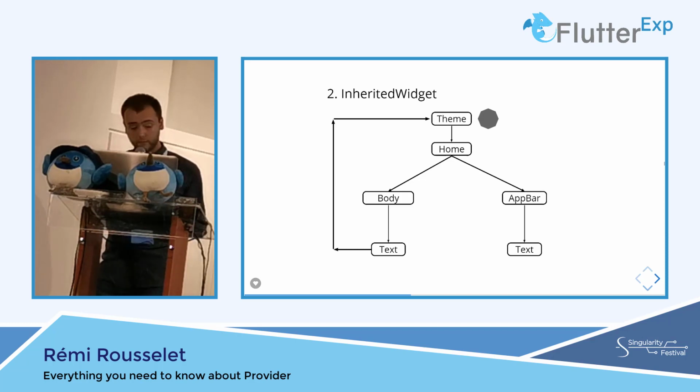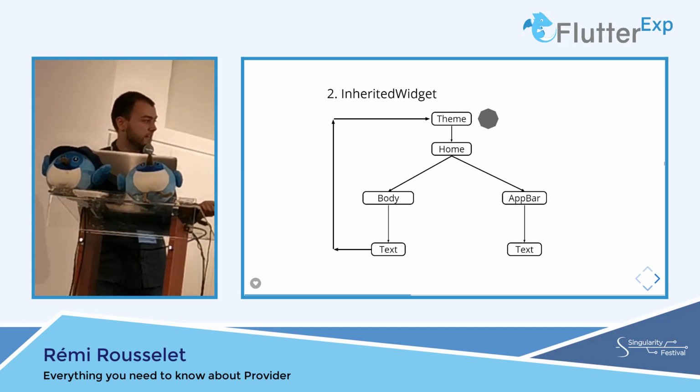And then our text will be able to obtain the nearest instance of that theme widget, which means that our text here will be able to understand that it should be gray.